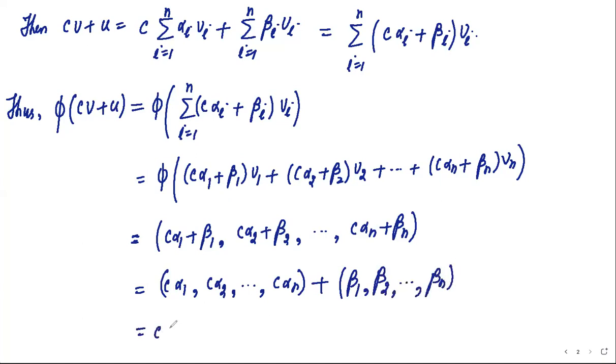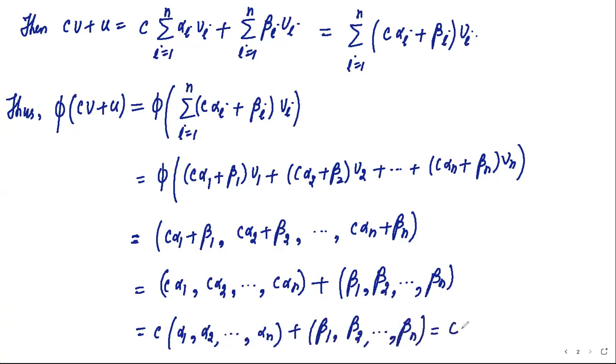Now this equals C times (alpha 1, alpha 2, ..., alpha n) plus (beta 1, beta 2, ..., beta n). Now again by definition, we can write C here, and this is the coordinate vector of V.